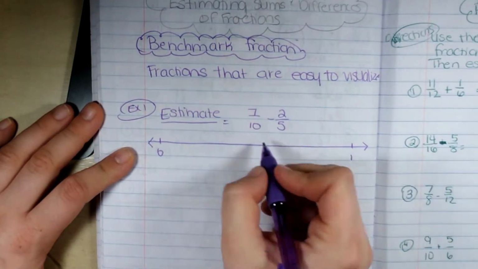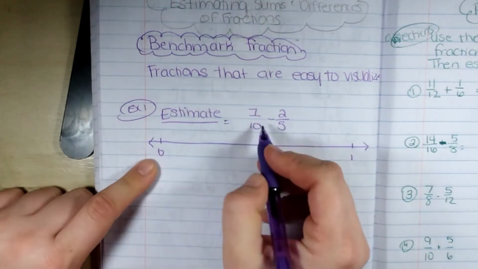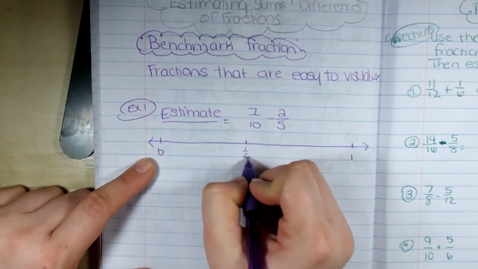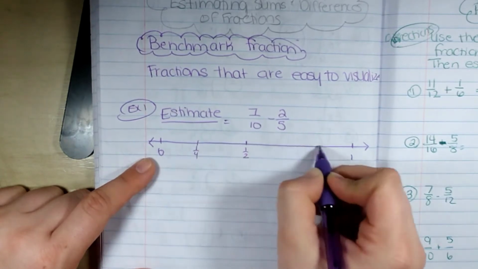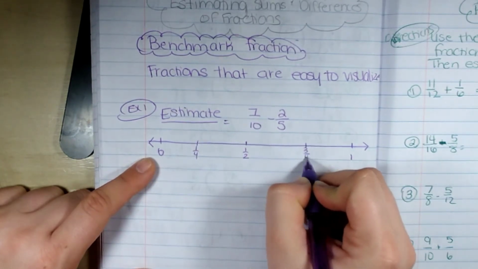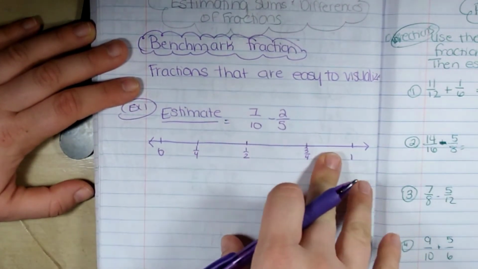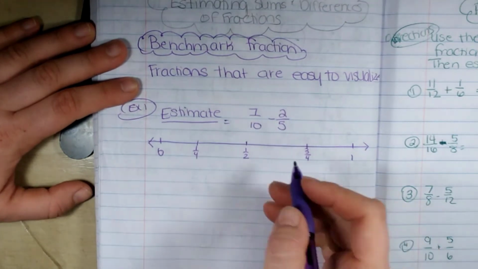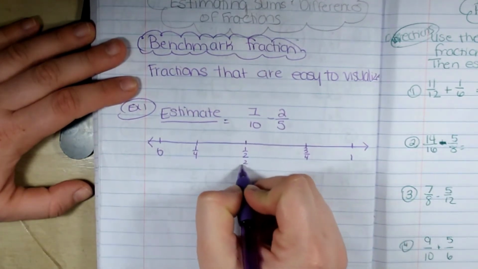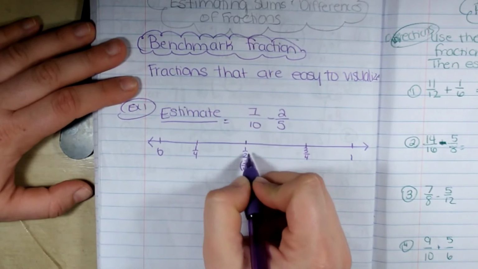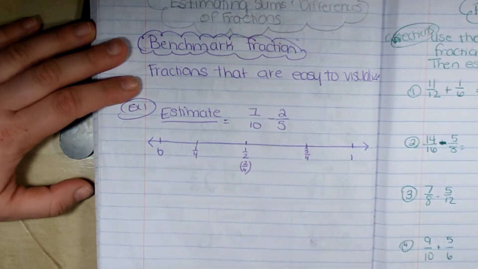Okay, we're going to be talking about between 0 and 1, and I'm going to use 1/4, 1/2, and 3/4 as my benchmarks, because we can definitely visualize those. Now also remember that 2/4 is equivalent to 1/2, okay?